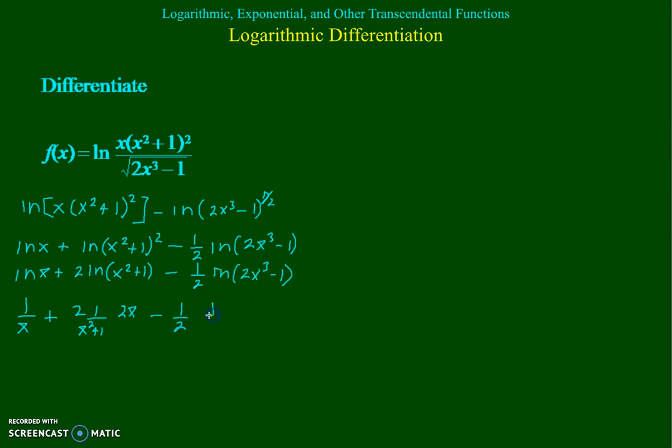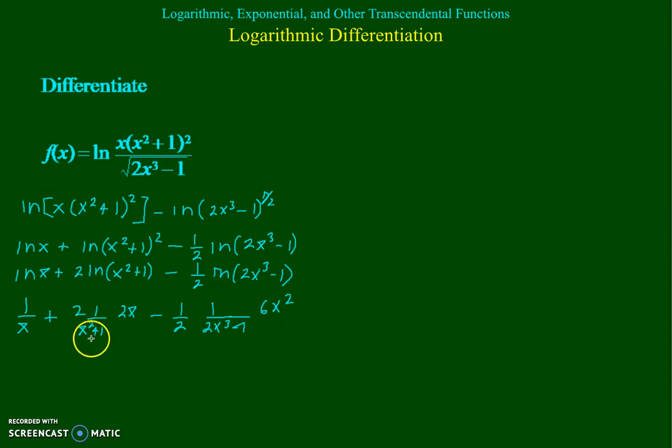This is going to be 1 over 2x to the third minus 1 times the derivative of this piece, which is 6x squared.